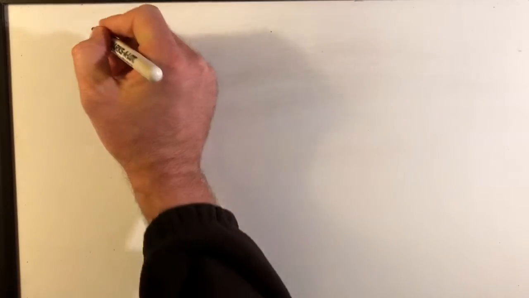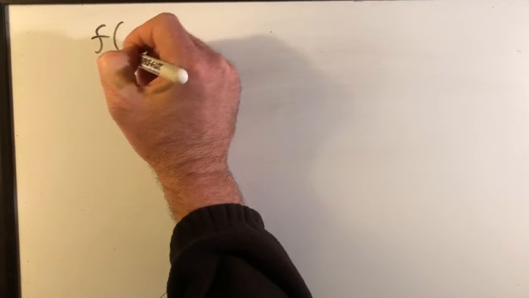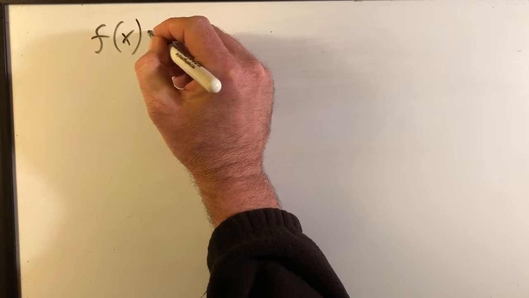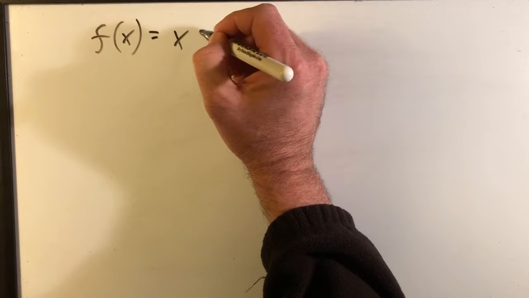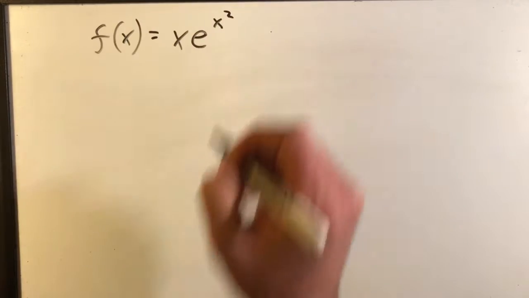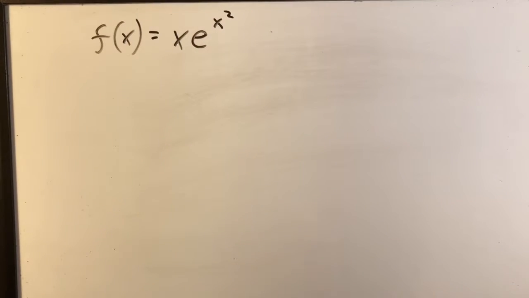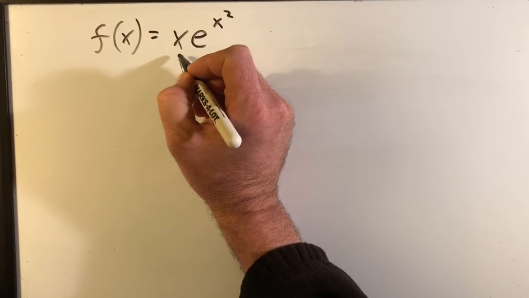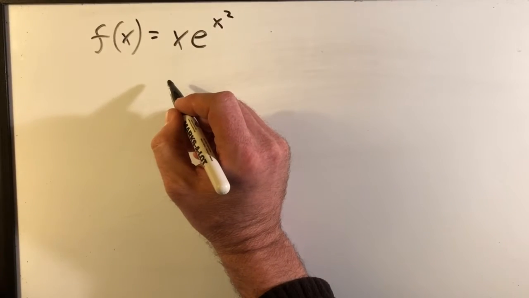So we'll just run through a quick example here, and I've selected the function f of x equals x times e to the x squared. So we'll start there. My first guess was, is this an integration by parts problem or not?